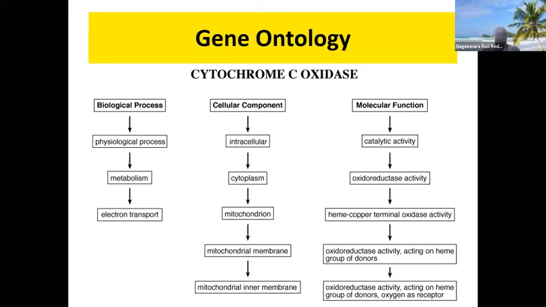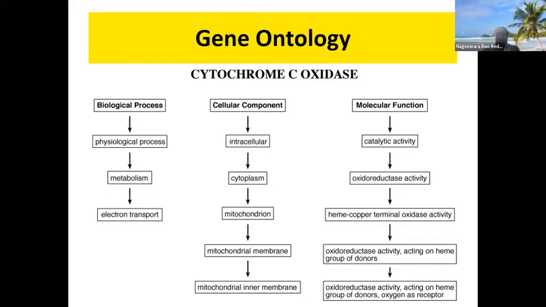Now coming to molecular function, what does it do? It actually catalyzes the reaction. So catalytic activity is the major hierarchy. In that, what is it actually doing? We know in mitochondria, most of the reactions are oxidation and reduction. So oxidoreductase activity, mitochondria, oxidoreductase activity.